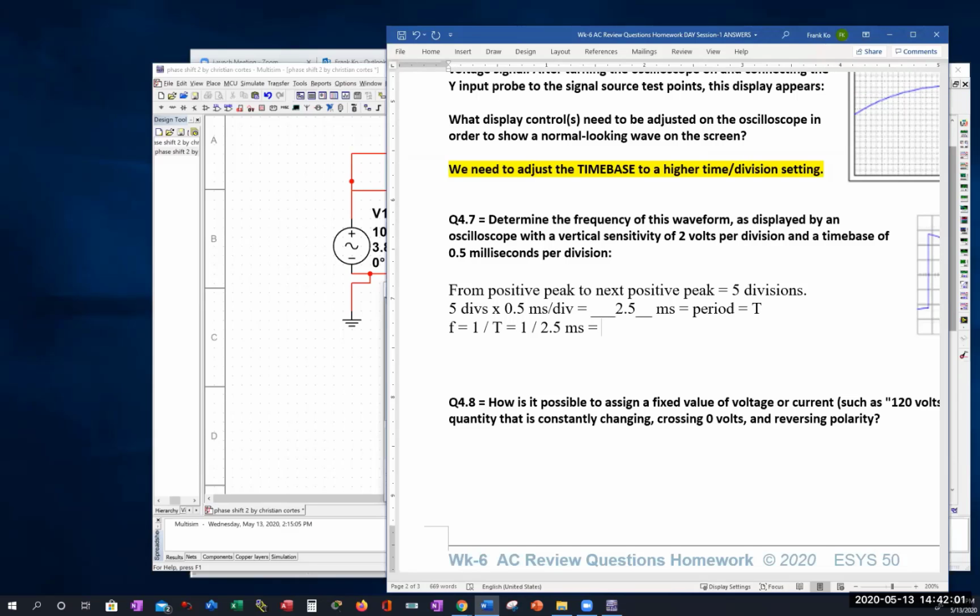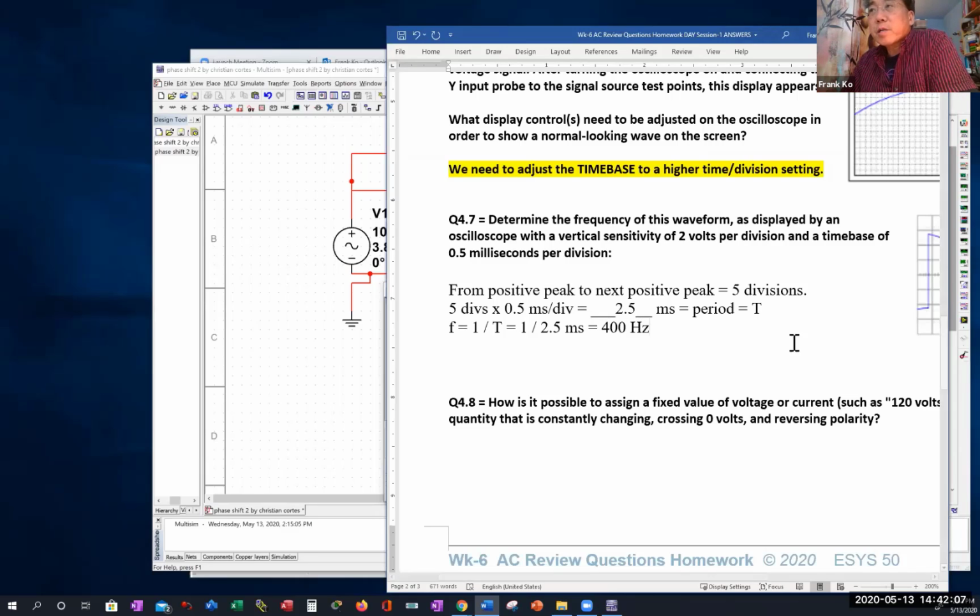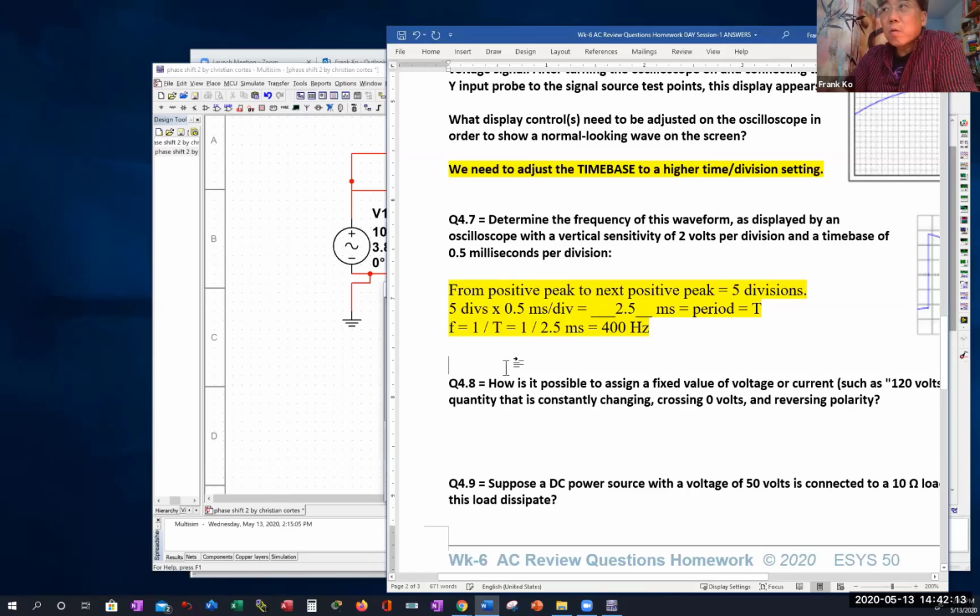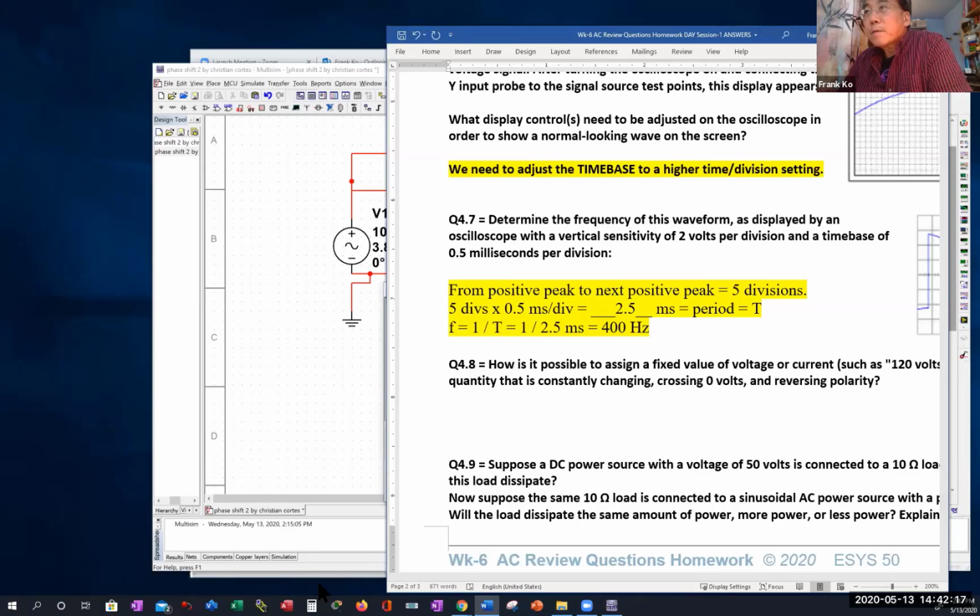I got 400 hertz. 400 hertz would be correct. That is your process. Well done. Any questions on that exercise?